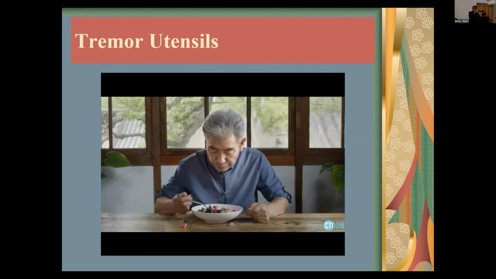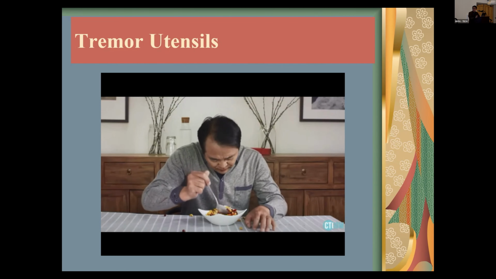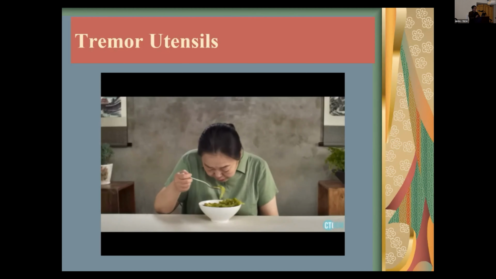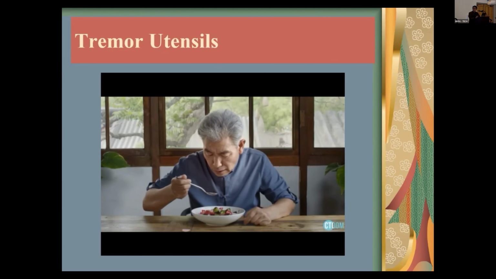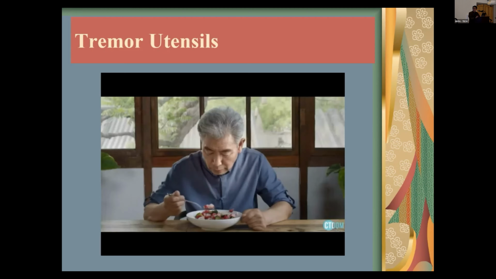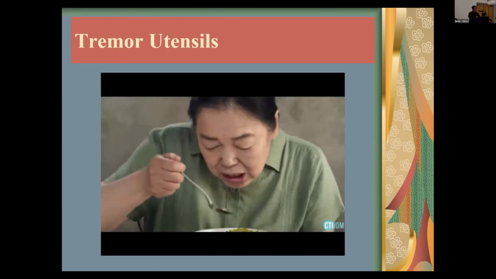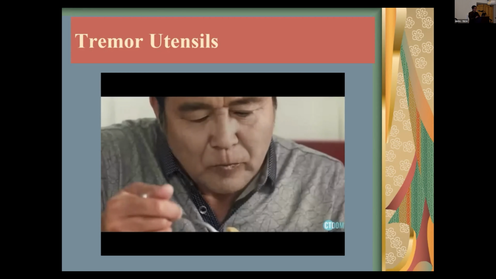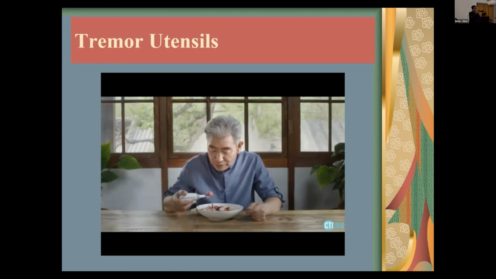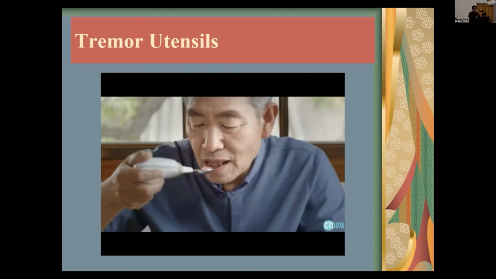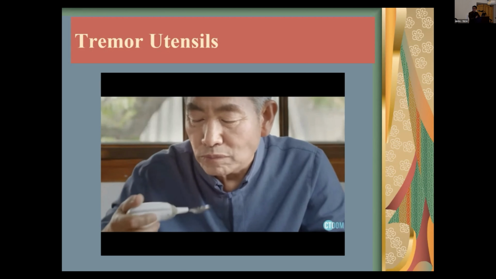Now the next, even more common thing we see, are just tremor utensils, spoons, forks, and knives you can buy online, even from Amazon. I think they're about $200 or $300 each. The spoon is about $200 or $300, and then the fork is another $200 or $300.